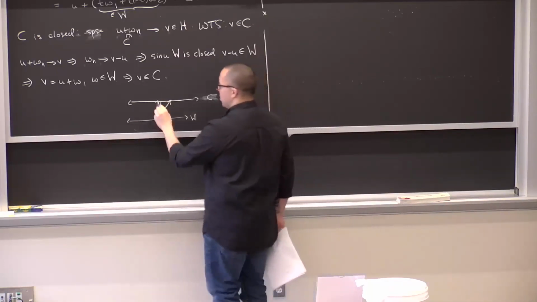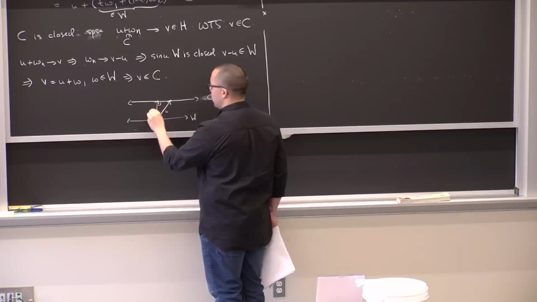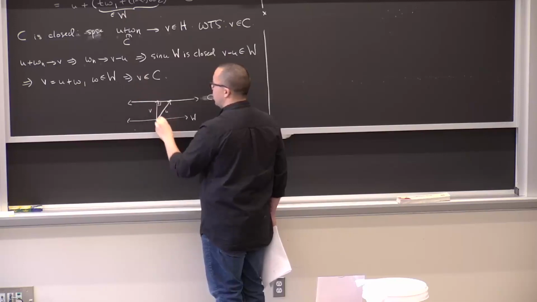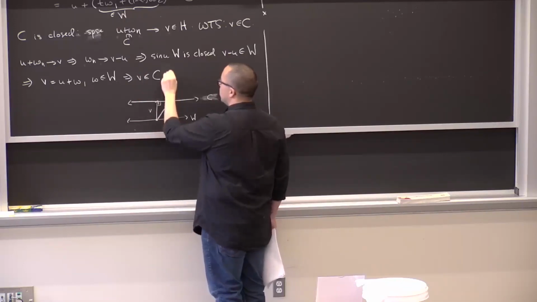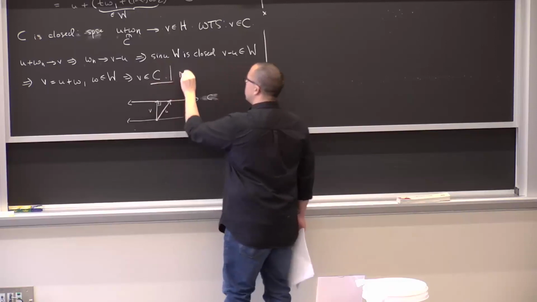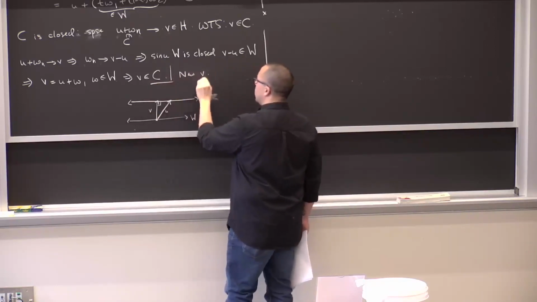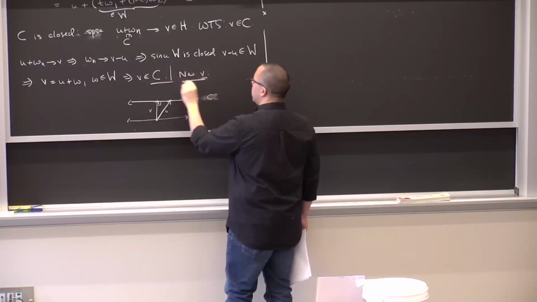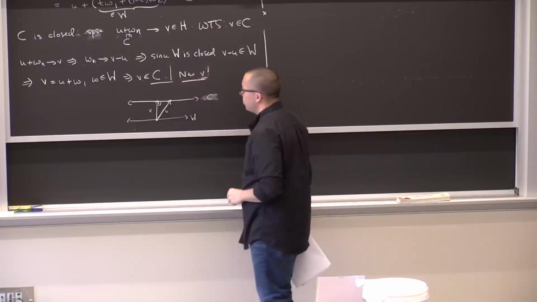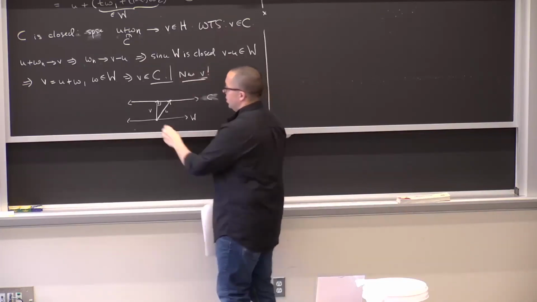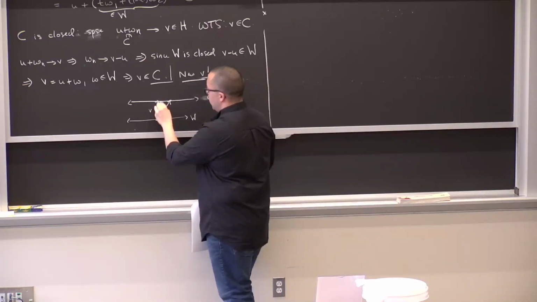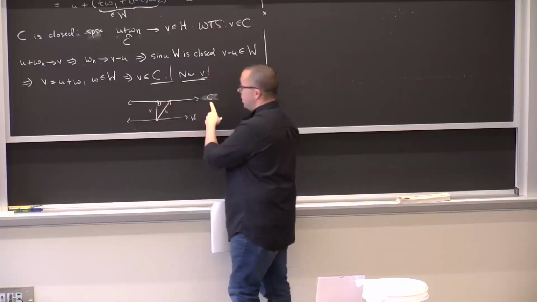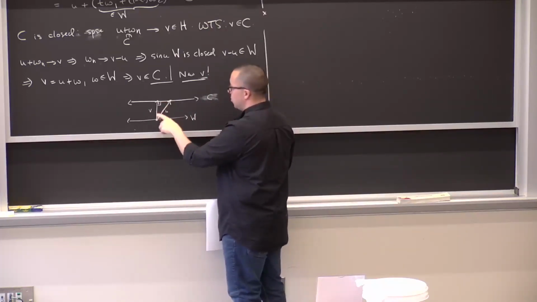Now, based on this picture, let's call this element V. This is not the same V from before, so new V. We would like for this V to be perpendicular to C, and based on this picture, what would it satisfy?